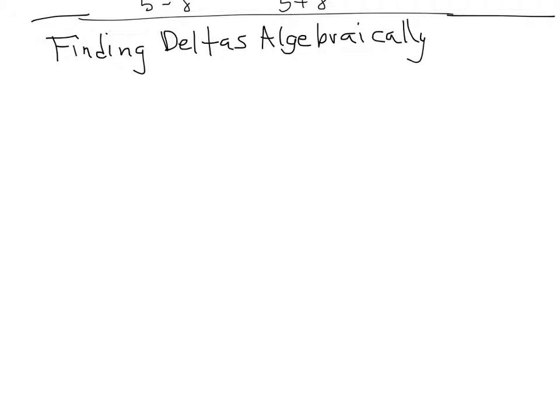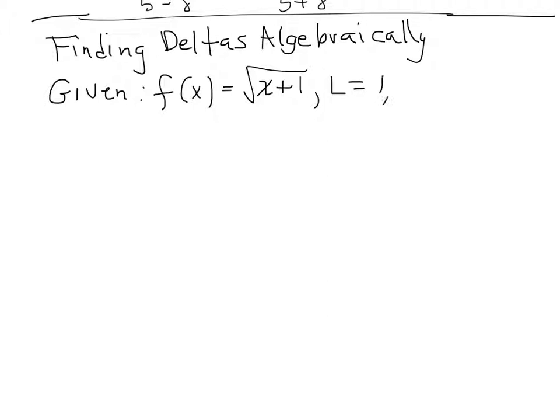All right, so this is what your problems in your homework are going to look like. You're going to be given a function. I have the square root of x plus 1. You're going to be given sometimes the limit, and we'll talk about if they don't give you the limit. You are going to be given this x naught, which is what I'm trying to center my interval around, based off of a particular error, which is 0.1.